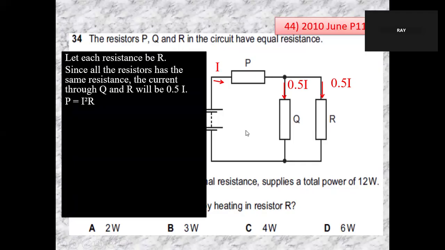P equals I squared R. Total power dissipated: I squared times R here, and then both of them have the same resistance, so it's I squared of this one times R, same thing. That's why there's a 2 here, equals 12.